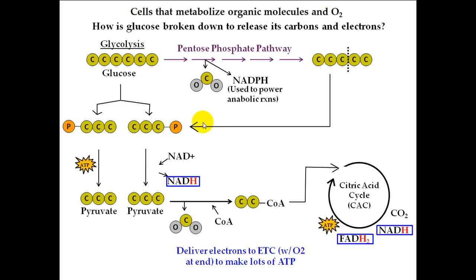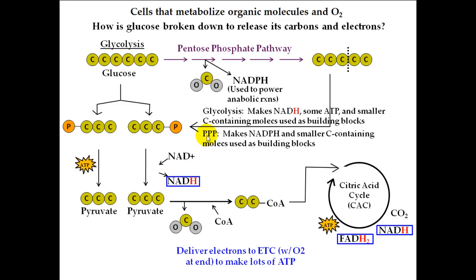How about if we sum up the 3 pathways that we're taking a look at here? We mentioned that glycolysis is a way of breaking down organic molecules, and when it does so it makes things like NADH, it makes a little bit of ATP, and it also makes smaller carbon-containing molecules that are used as building blocks to build bigger things like amino acids and lipids.